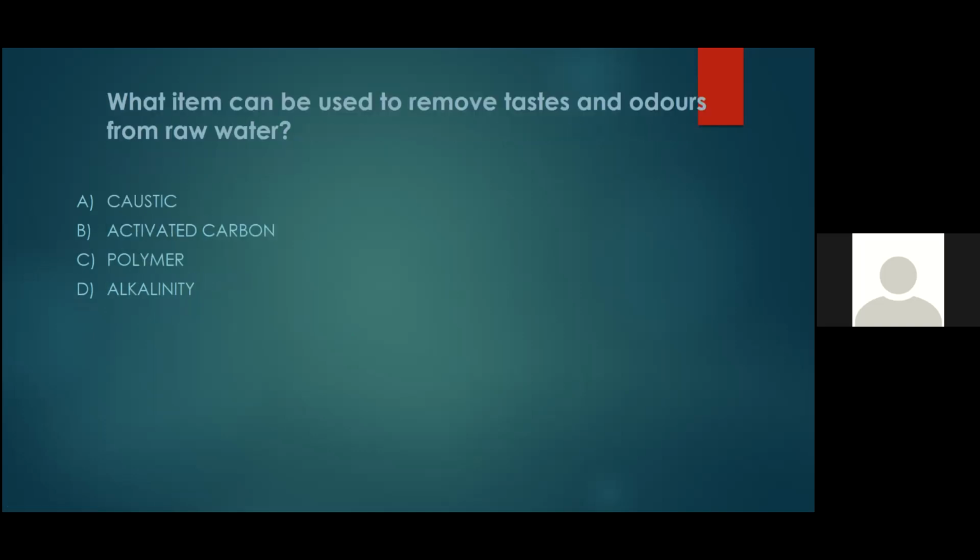Aha, here's a good one. What of these items can be used to remove taste and odors? We talked about that, taste and odors. Nice, look at this. Activated carbon, right?